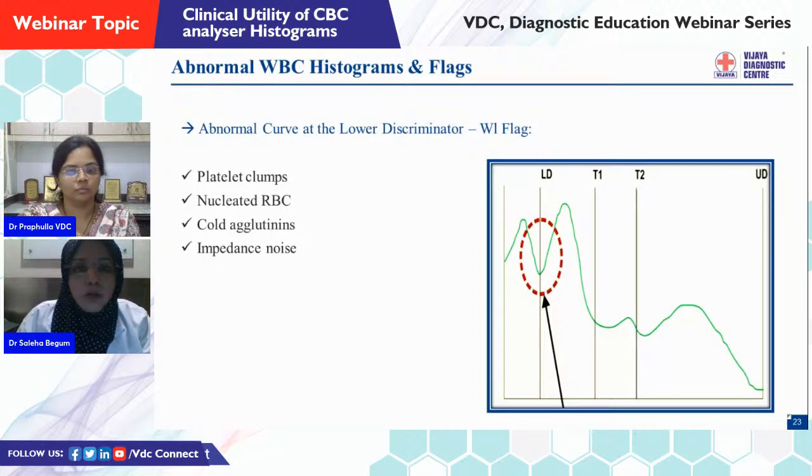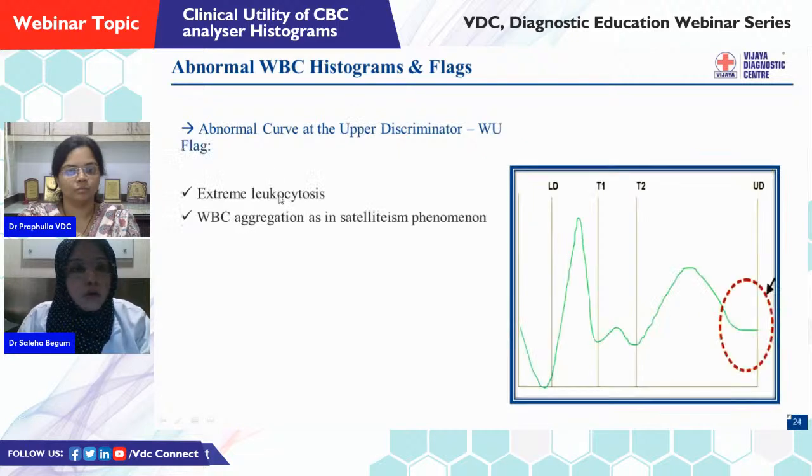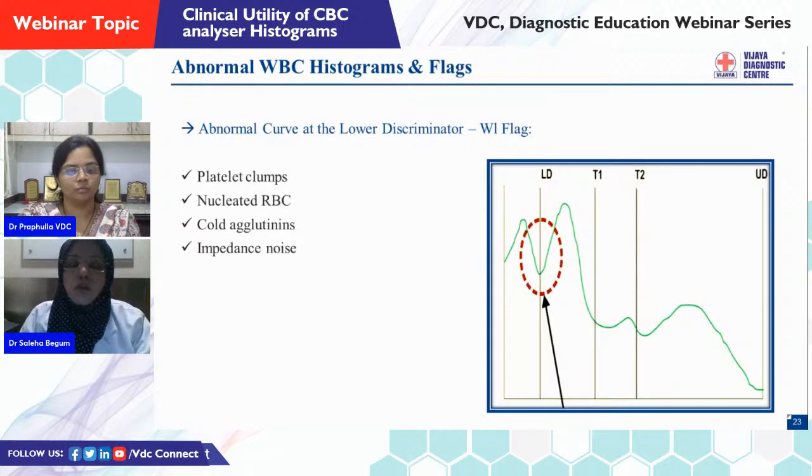The causes of such a WL flag are platelet clumps, nucleated RBCs, cold agglutinins, or high background noise such as impedance noise in the automated analyzers. Any of these reasons could present as a WL flag, meaning the graph is not starting at the baseline.